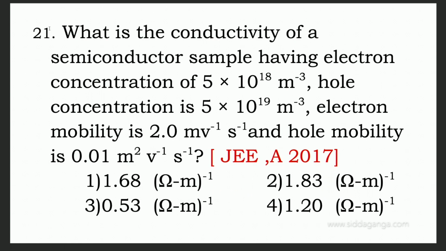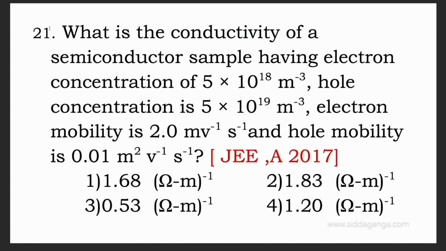This question appeared in JEE 2017. What is the conductivity of a semiconductor sample having electron concentration Ne of 5 into 10 power 18 per meter cube, and hole concentration of 5 into 10 power 19 per meter cube?